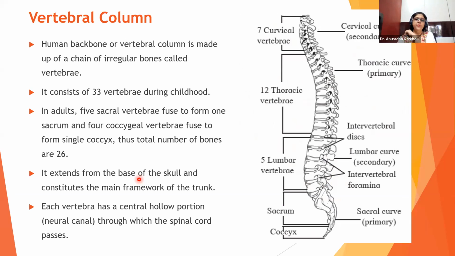So now we go ahead with the vertebral column. The human skeletal vertebral column is made up of a chain of irregular bones called vertebrae. Here also you can see these vertebrae very clearly, of course, from the back side. This is the vertebral column, right up till here.